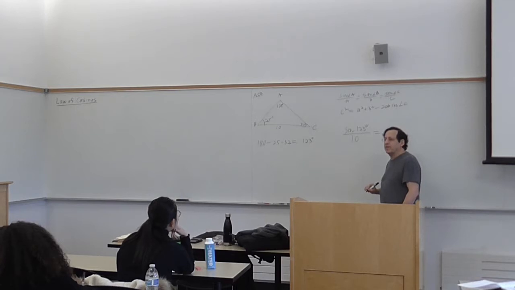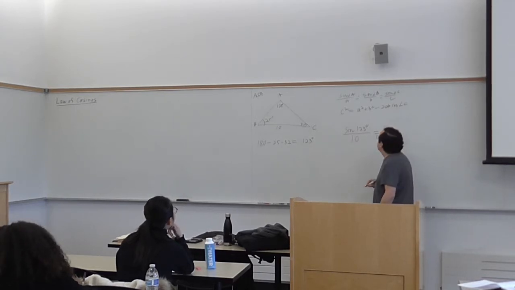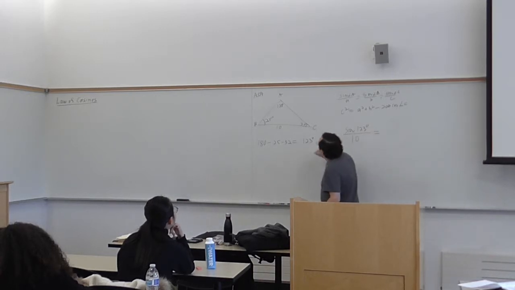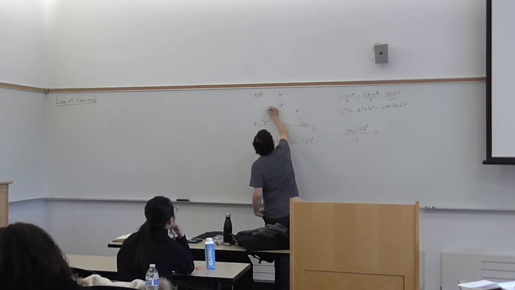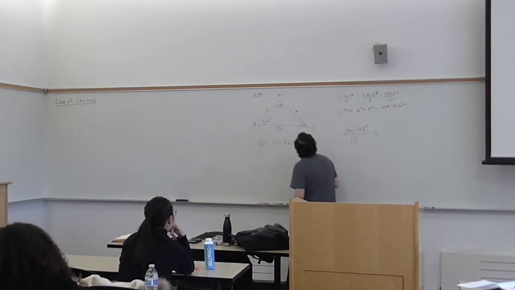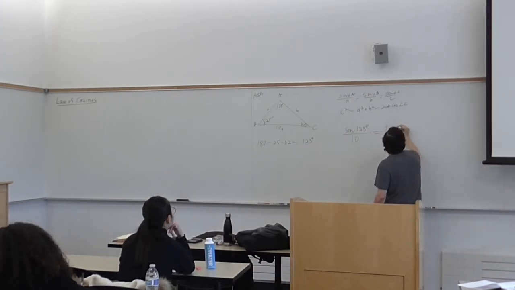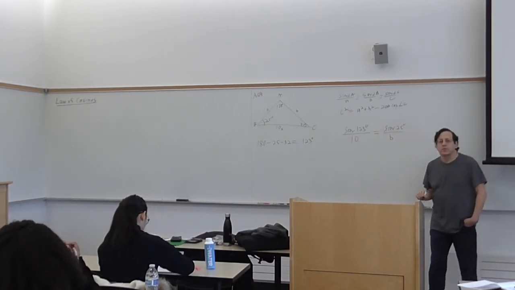You have a choice, right? We call this B, this is C, that's A. Sine of 25 over B. Okay, very good, thank you.